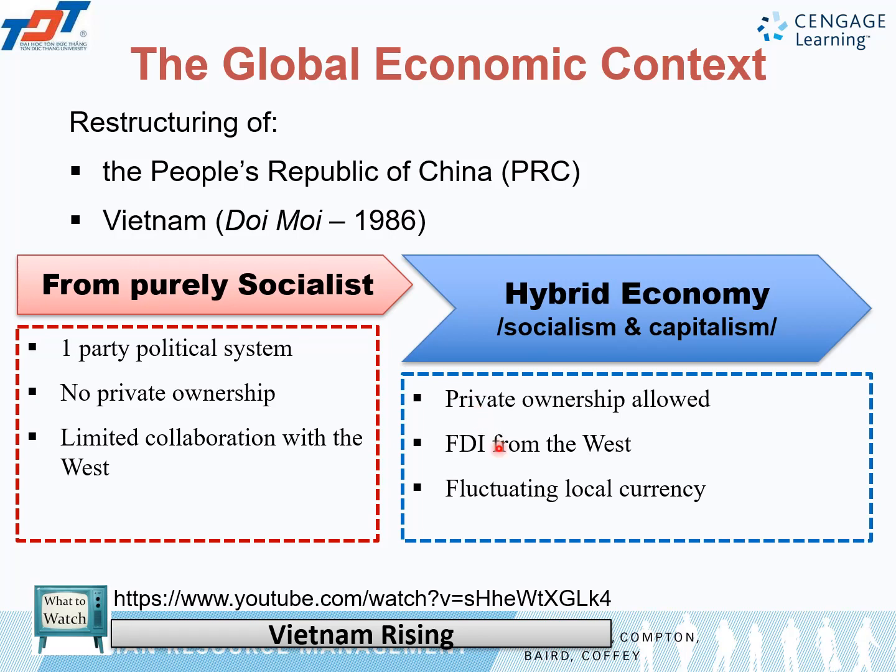Along with that, these two countries opened up to the rest of the world, and now there is a lot of foreign direct investment. This is what FDI stands for, foreign direct investment, particularly from the West as well as East Asia, such as Japan and South Korea, very prominent investors here in Vietnam.